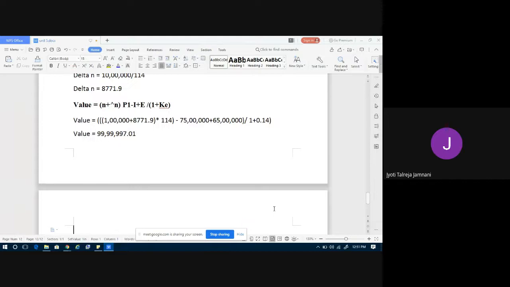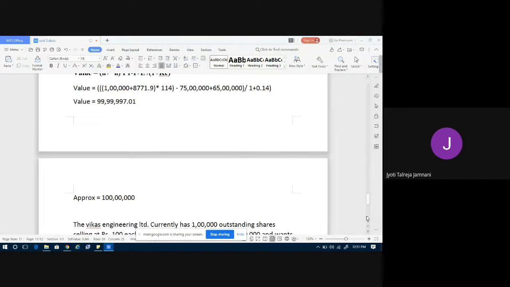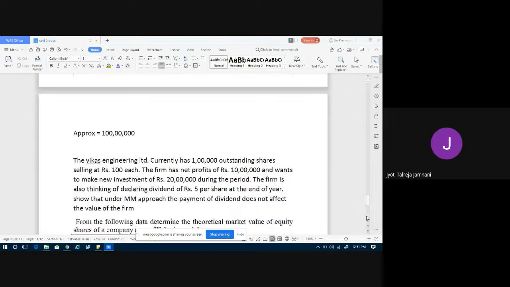It is approximately 100 lakhs. You got 997 here because you took only one decimal, 8771.9 shares. If you take 2, 3 or 4 decimals, you will go much closer to the answer. So depending on how many decimals you take for the number of shares, your answers will vary a little from person to person. It's better to write approximately 100 lakhs. So in both the cases, we got the same answer.